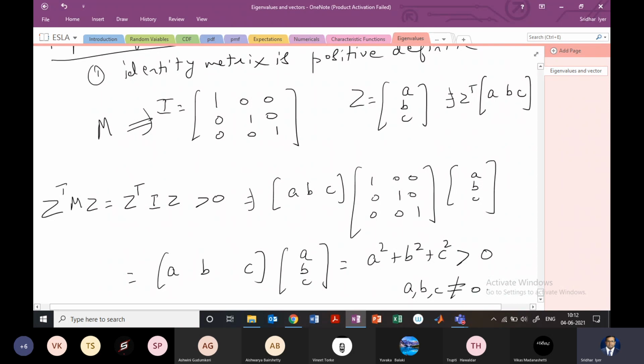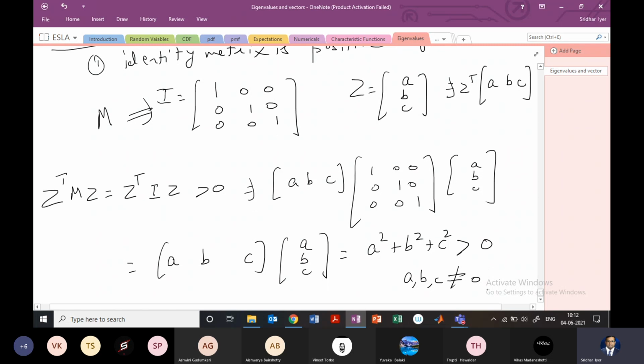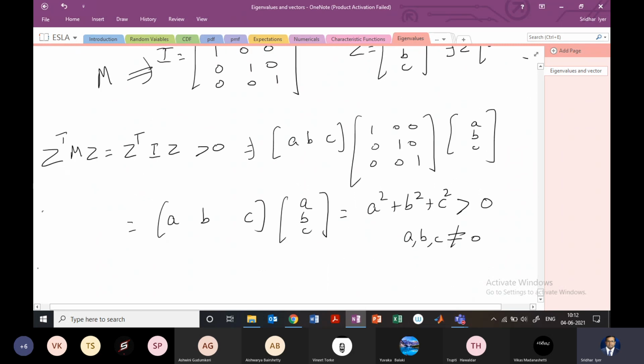So for A, B, C non-zero, the identity matrix is always going to be positive definite.